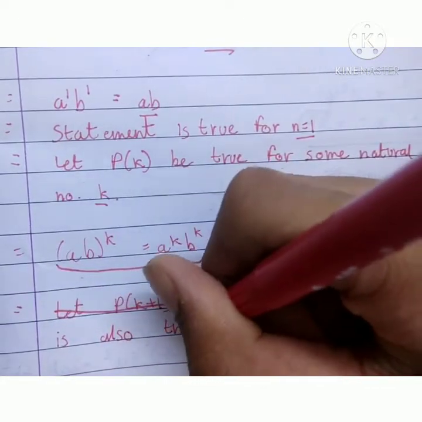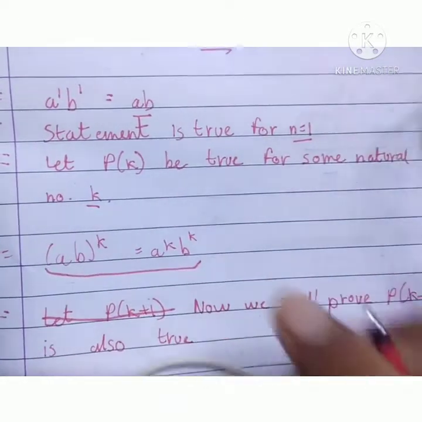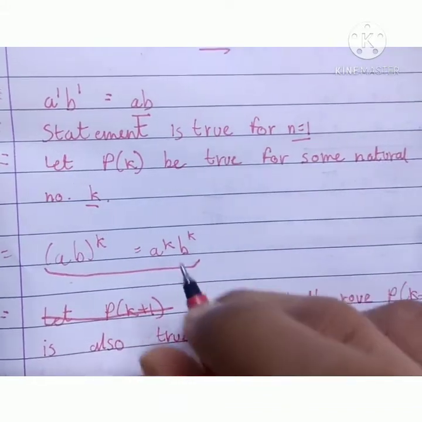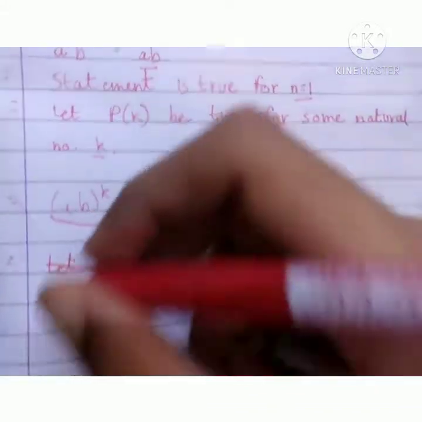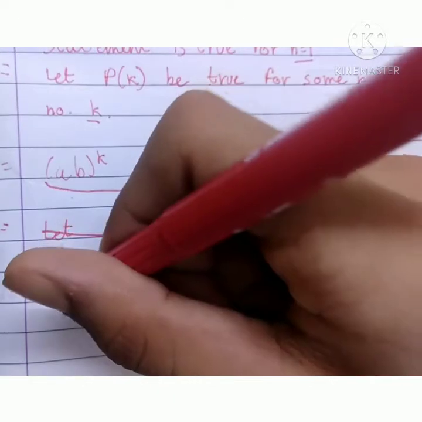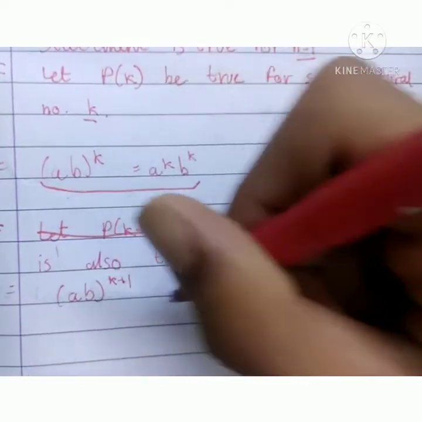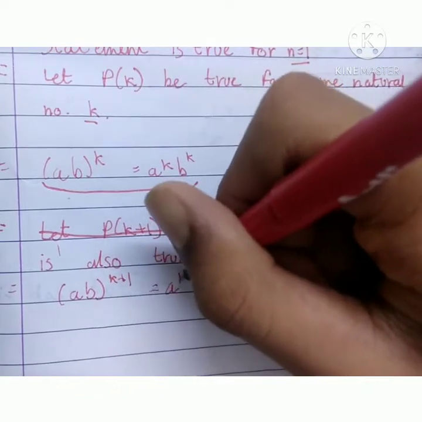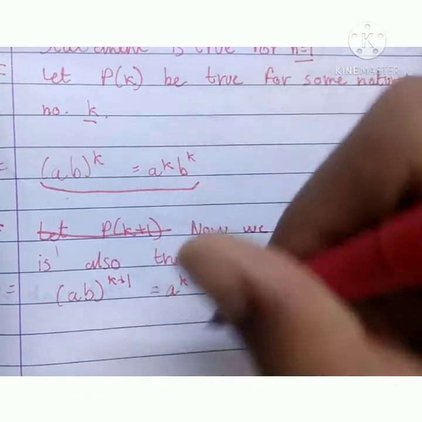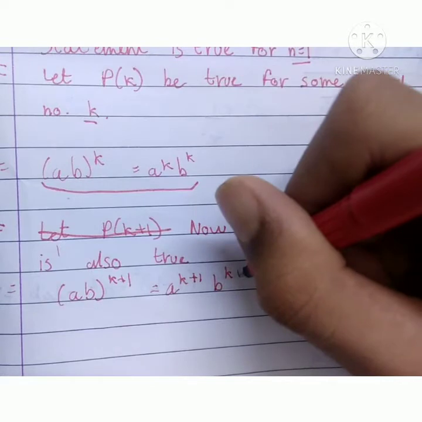Wherever in this equation there is a k, we replace it with k+1. So (ab) raised to k+1 is equal to a raised to k+1 and b raised to k+1.